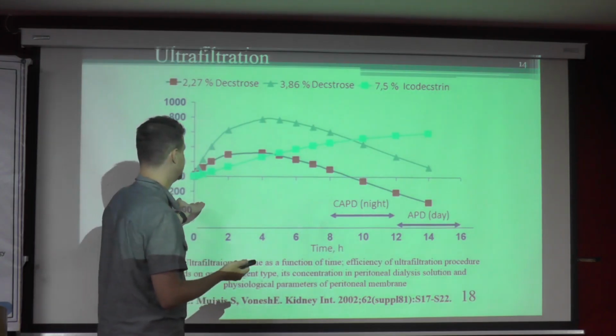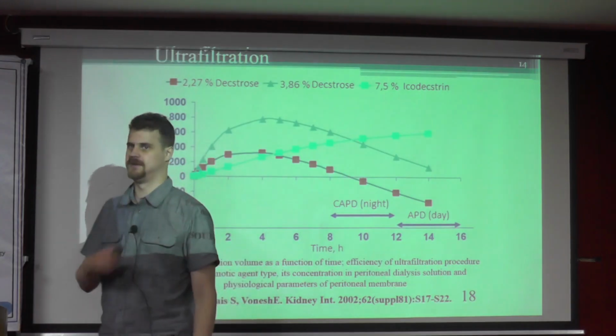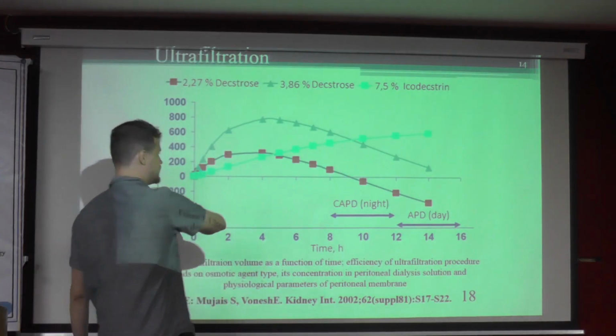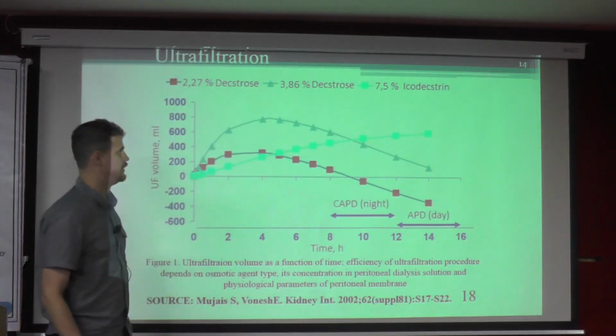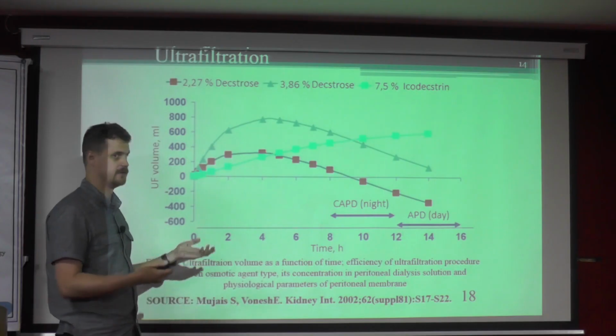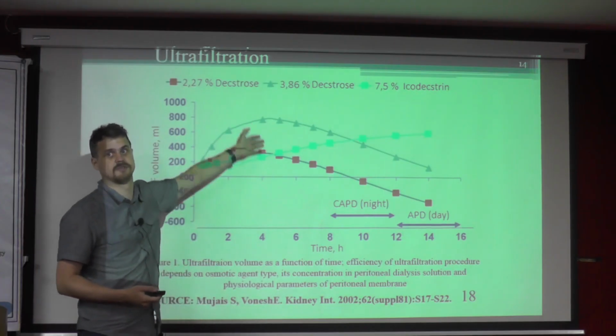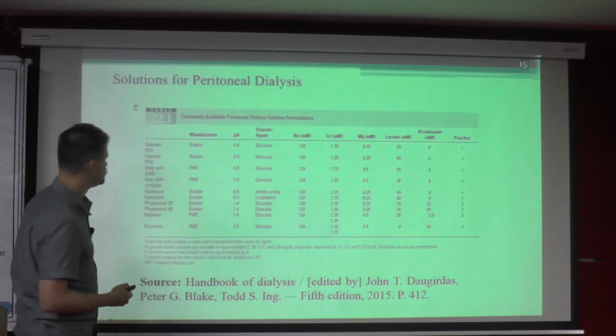So on the one hand, icodextrin is a preferable osmotic agent because it provides a very continuous ultrafiltration flow. On the other hand, this ultrafiltration flow is quite low in comparison with osmotic agents like glucose.